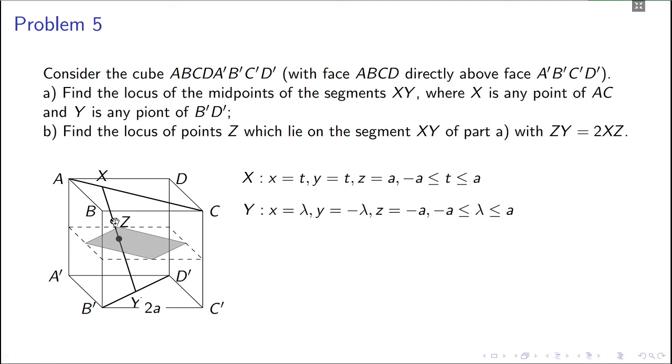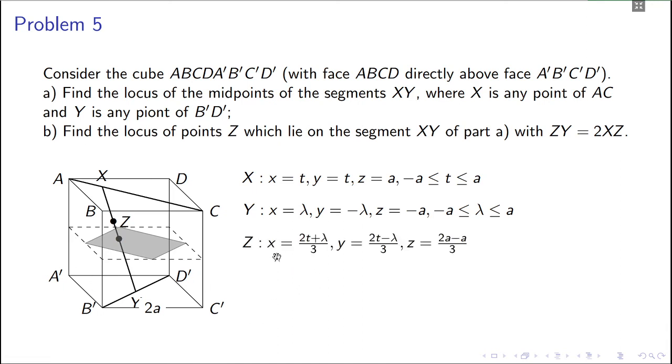So what will be the coordinate of this? This is dividing the line segment XY in the ratio 1:2. So the coordinates of this will be 2 times the coordinate of X plus 1 times the coordinate of Y divided by 3. That's your section formula basically.